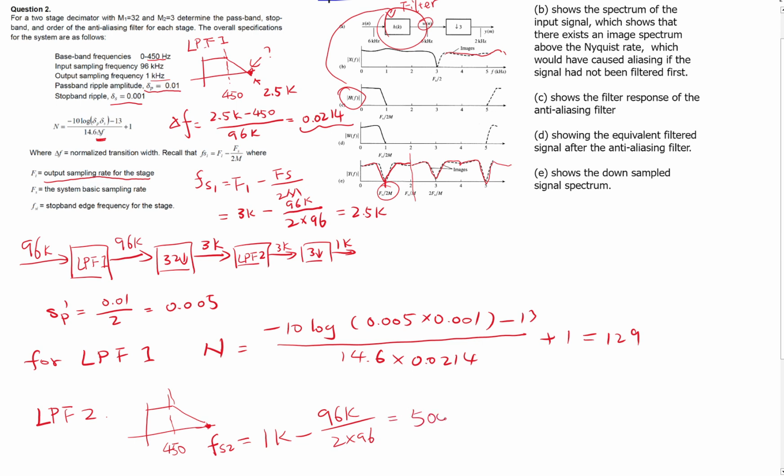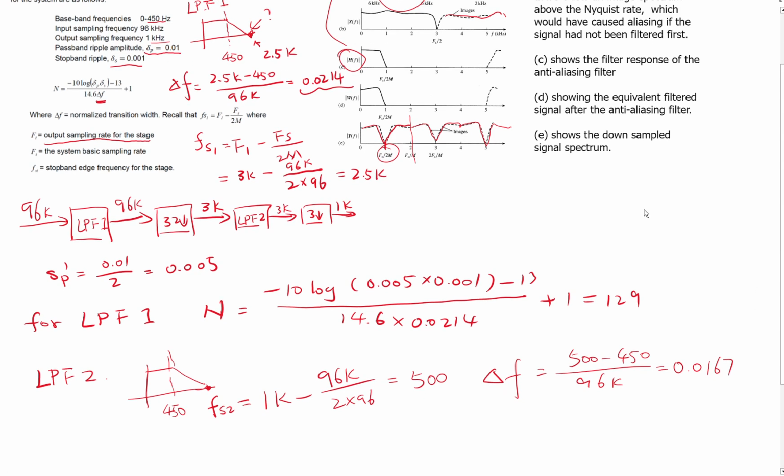Then this one is 500. So delta F is 500 minus 450 divided by 96K, and we get 0.0167. Then you plug it into the capital N equation again, and everything is still the same.